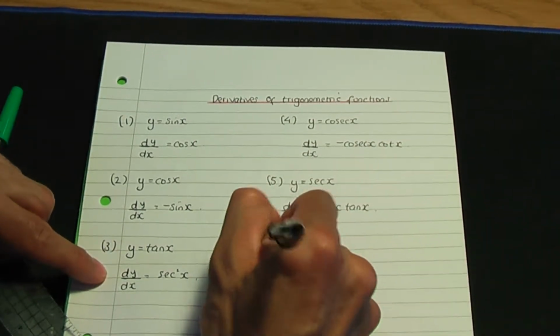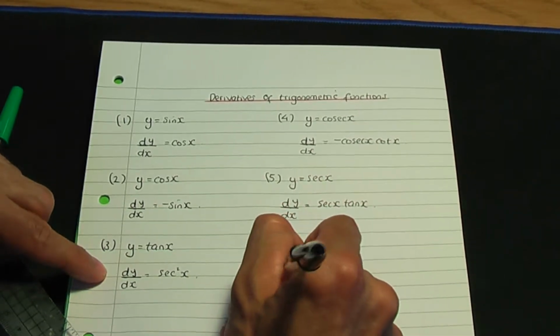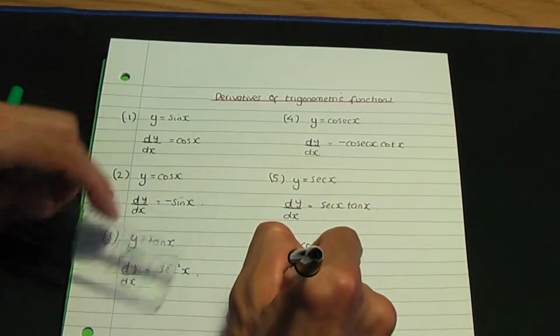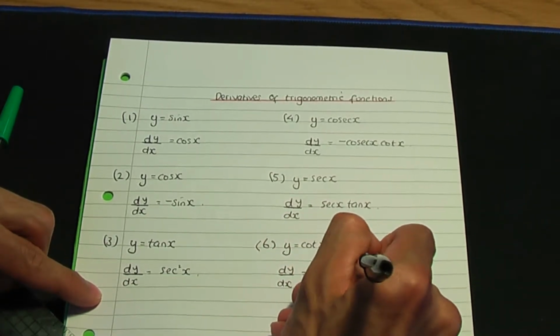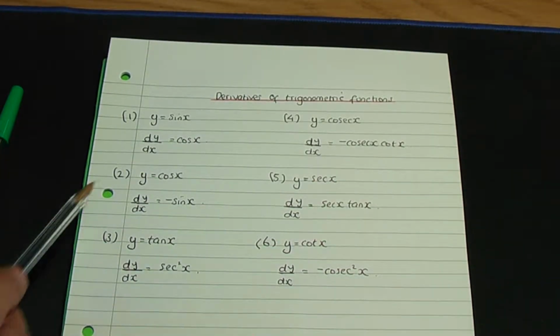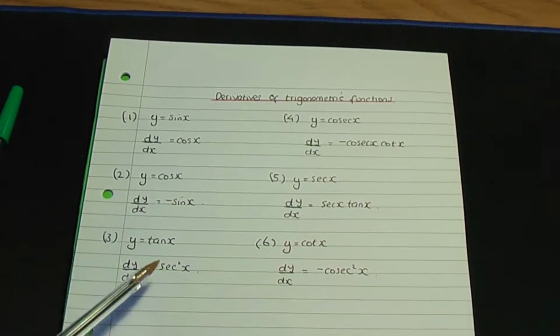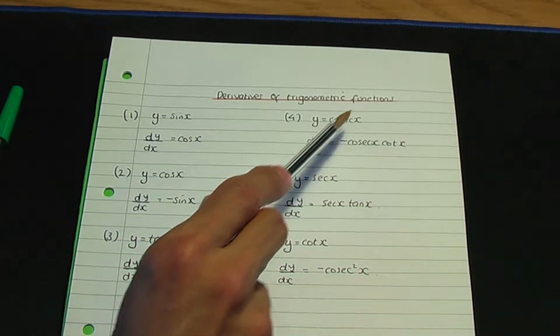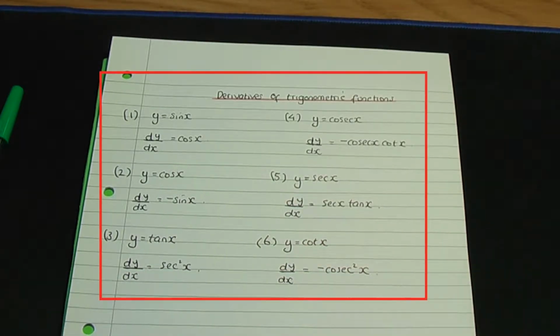And number six, y is equal to cot x. When you differentiate cot x, dy over dx is minus cosec squared x. So these are the standard results for sine x, cos x and tan x, as well as cosec x, sec x and cot x.